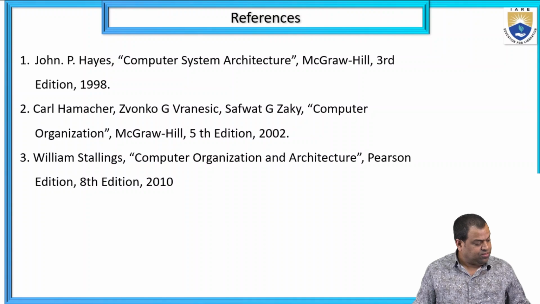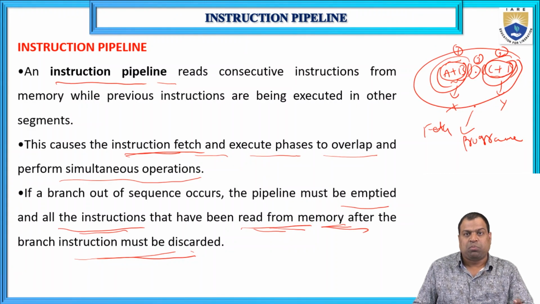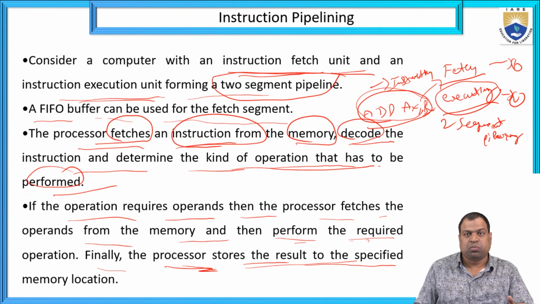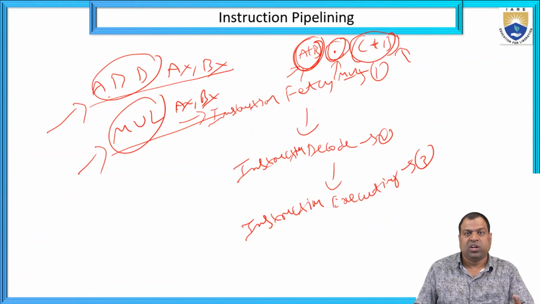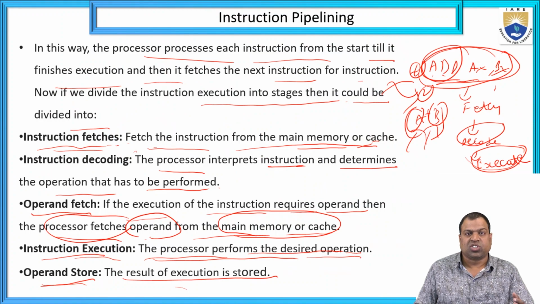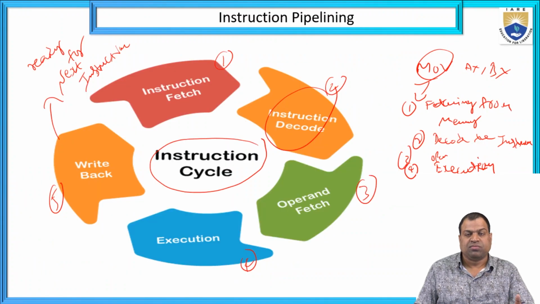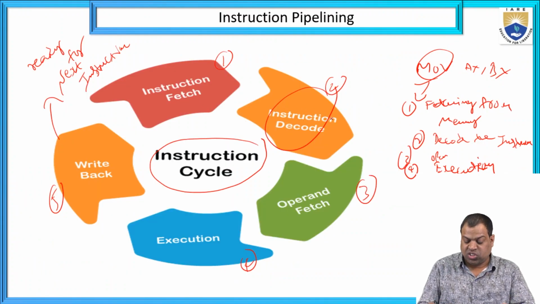Okay, so today we discussed the instruction pipeline. How many stages are there? In the instruction pipeline, we are going for 2 segments, 3 segments, 4 segments, and it goes on as a FIFO process, first in, first out. What are the stages? Instruction fetch, instruction decode, operand fetch, and instruction execution. 4 stages are there.